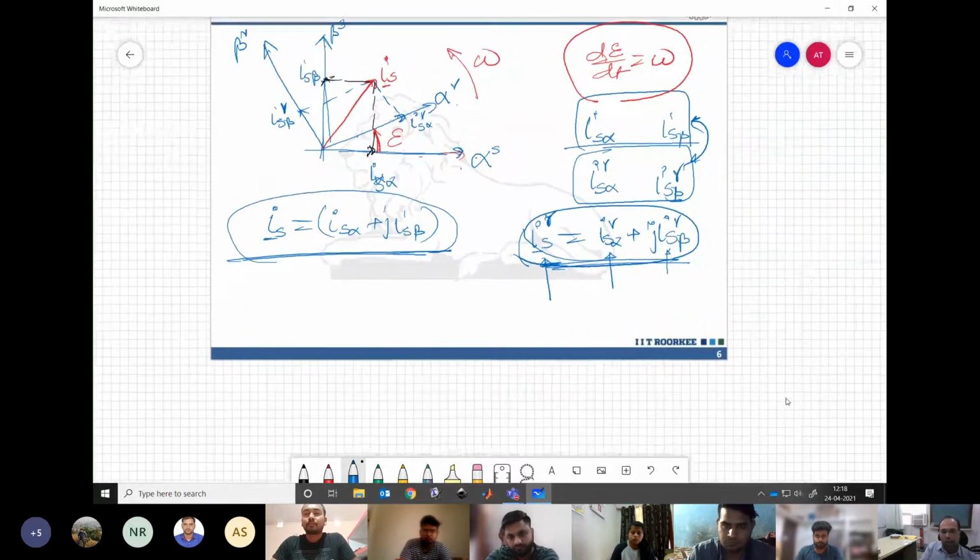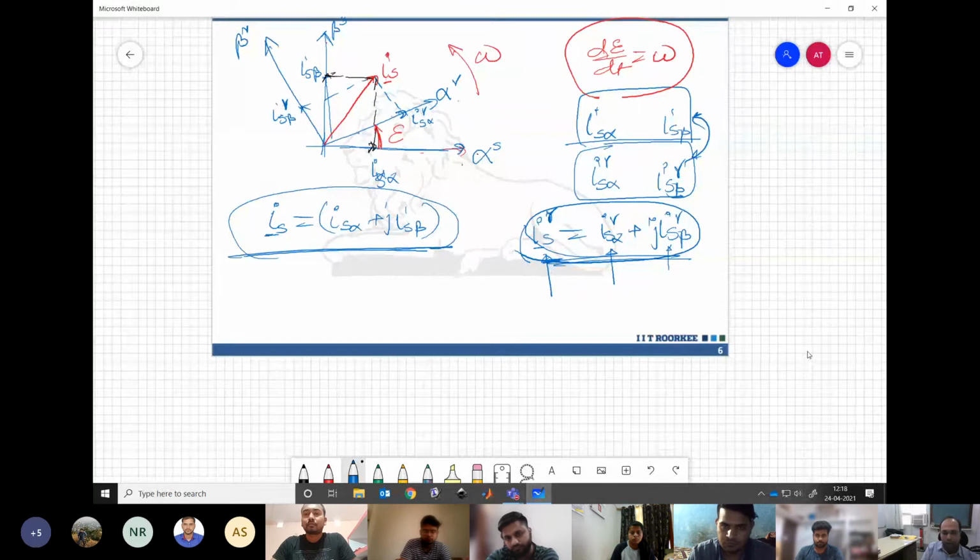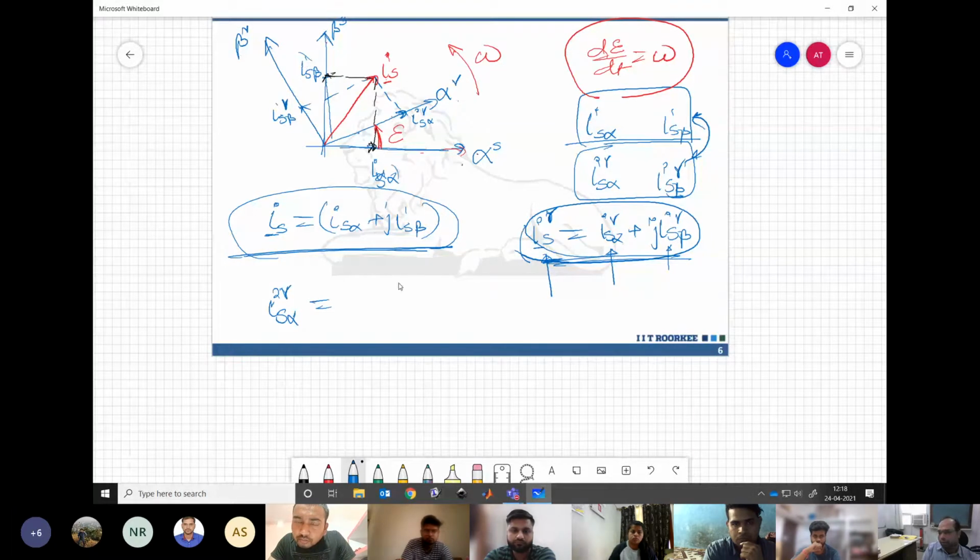So now let us try to write. If I have to write my Is alpha R in terms of Is alpha and Is beta, how will I write it in terms of the angle? Can someone suggest?